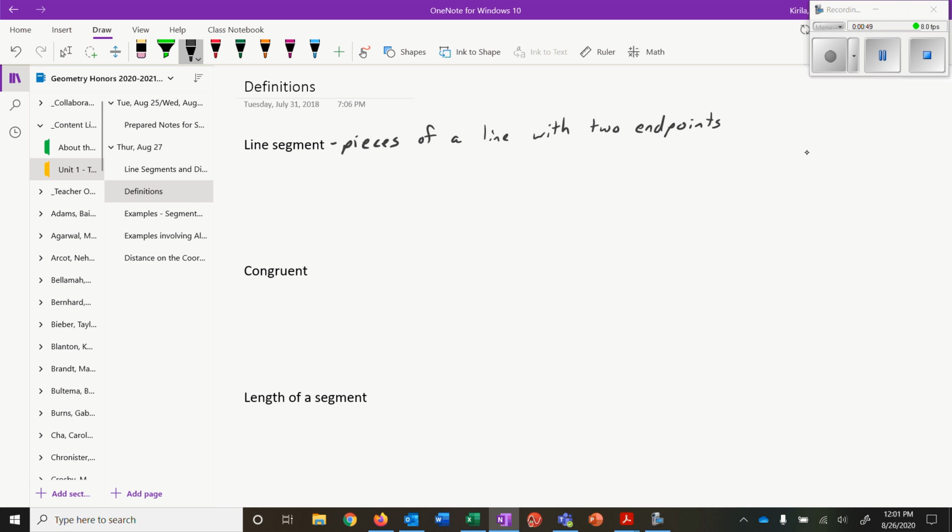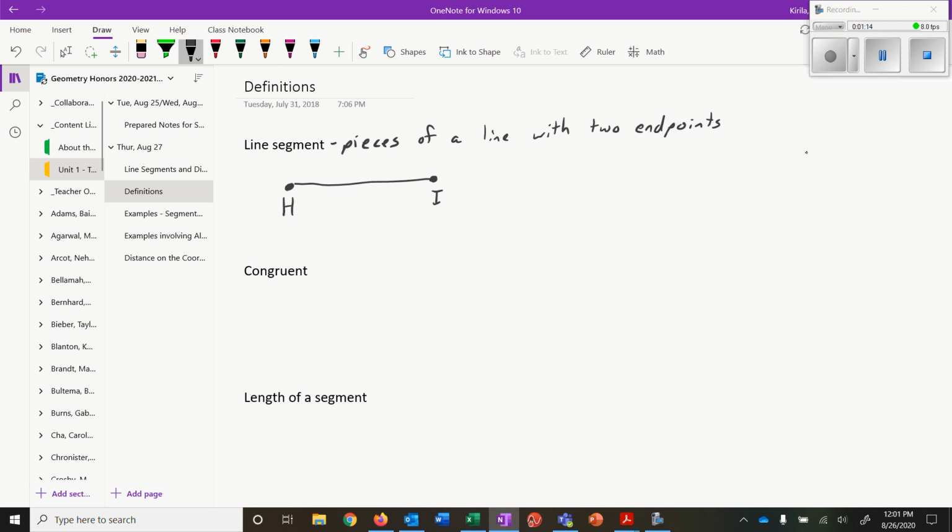You're used to drawing these. Since these are endpoints, I name the endpoints the way I name all points. I use capital printed letters. I feel like using H and I. So that would be a picture of a line segment.